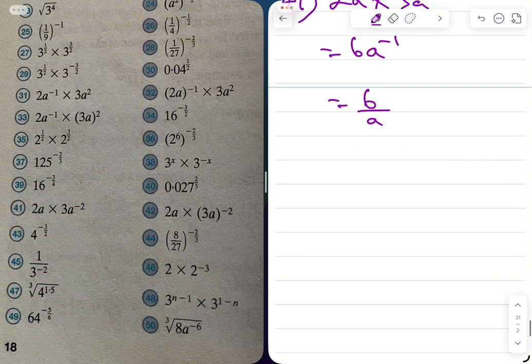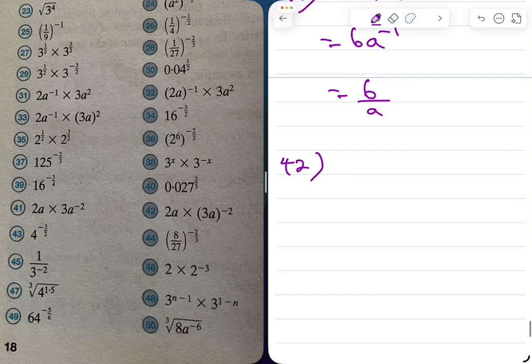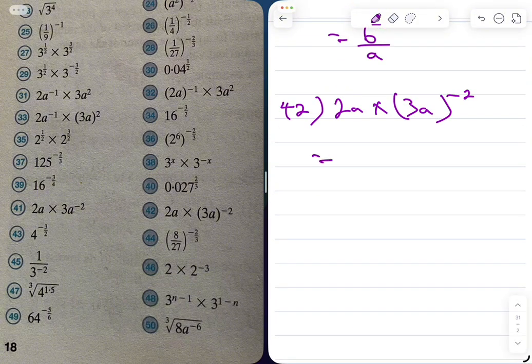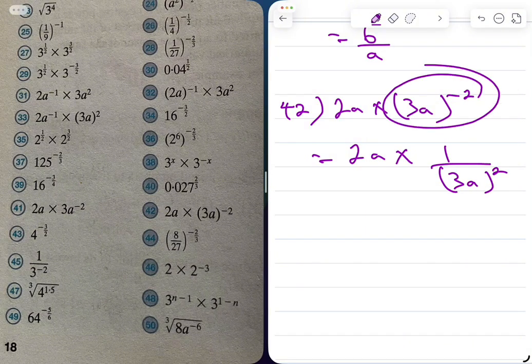Now the next one, which is number 42. What's the question? 2a times 3a raised to the power minus 2. That's equal to 2a times 1 divided by the square of 3a. That's what this means.